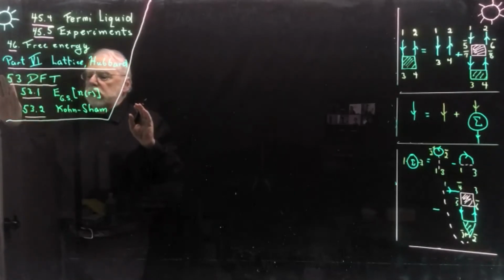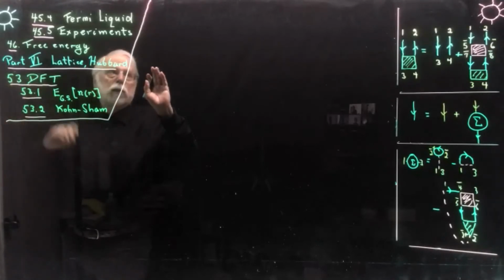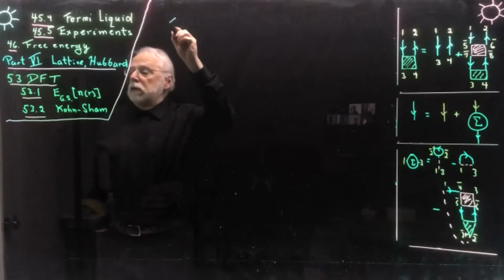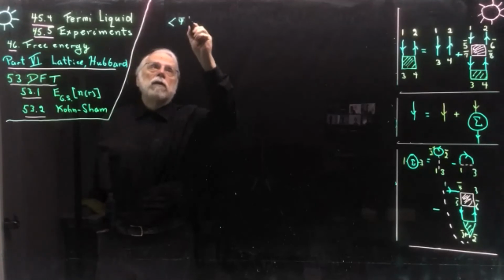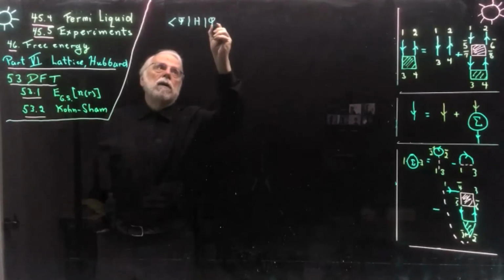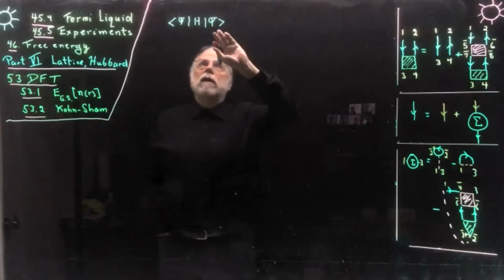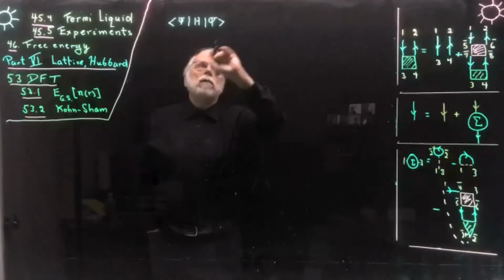So density functional theory, what is this? The idea I will show you is based on the variational principle. So let me remind you how the variational principle works. If we look at the expectation value of psi H psi, then this psi is some random wave function, and we take the expectation value.